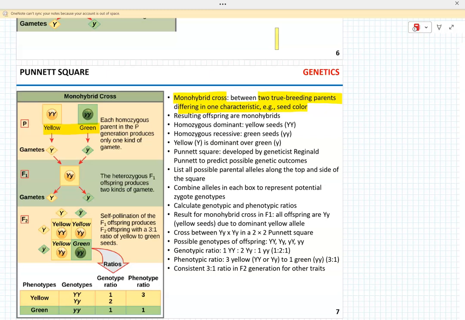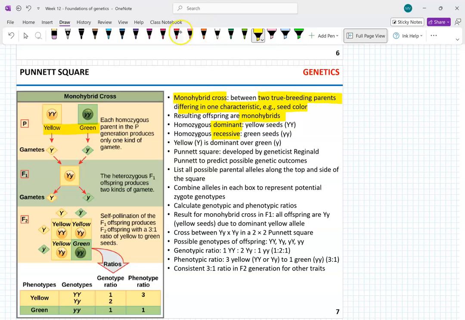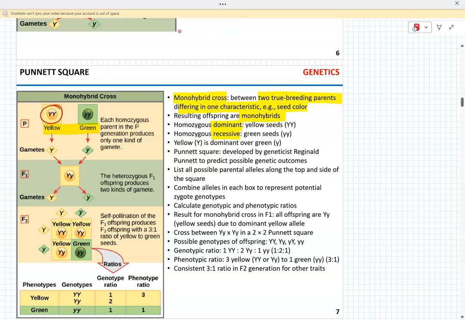The offspring are monohybrids. In this particular case, the dominant trait is yellow seeds and the recessive trait is green seeds. So true breeding parents producing yellow seeds have two alleles that are both dominant, and true breeding parents producing green seeds have two alleles which are both recessive.